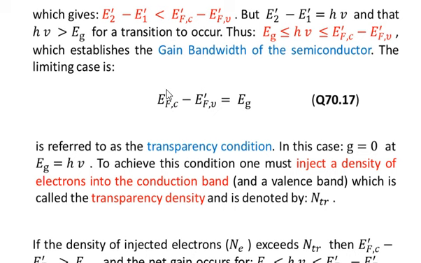So EFc prime is lying at the vertex of the conduction band, and EFv prime is lying at the vertex of the valence band. So the difference is equal to Eg, and this difference is only created when you have injected a density of carriers represented by NTR, that is the transparency density.